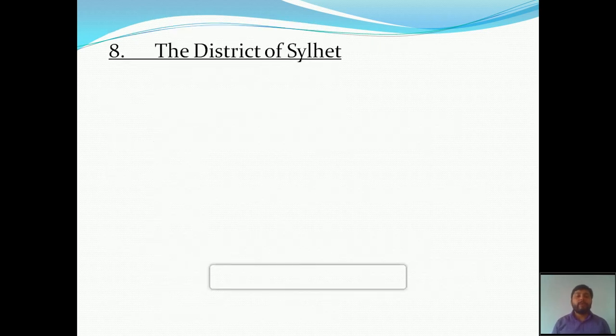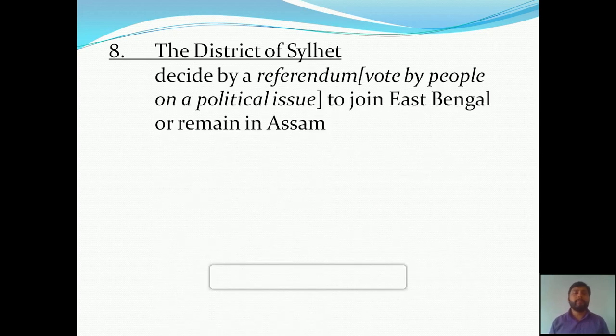And the eighth one is the district of Sylhet. For the Sylhet district, the Mountbatten plan has given a special provision. What was that? They have the right to decide whether they want to join East Bengal or remain in Assam.